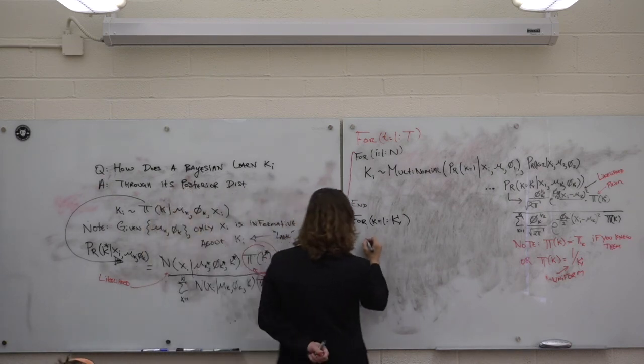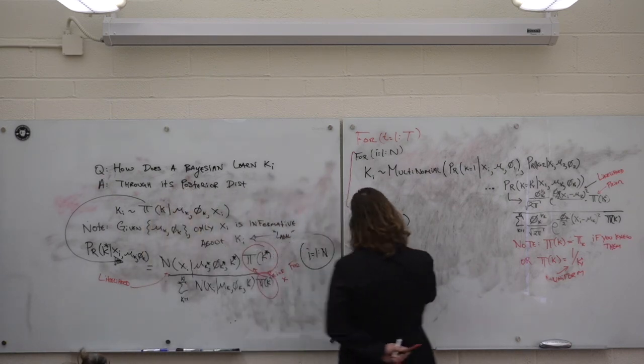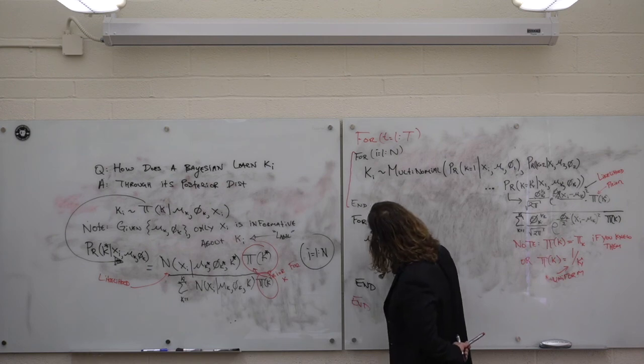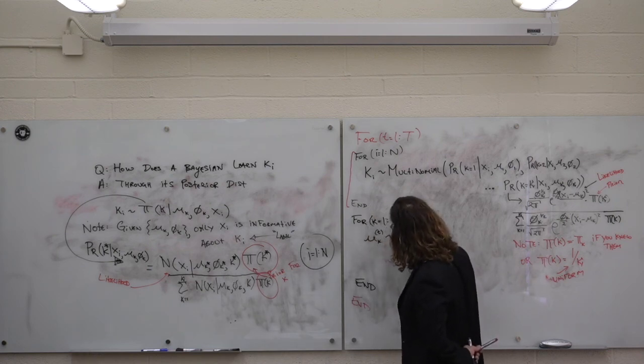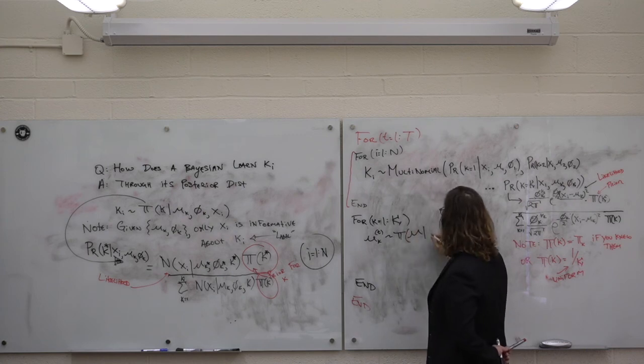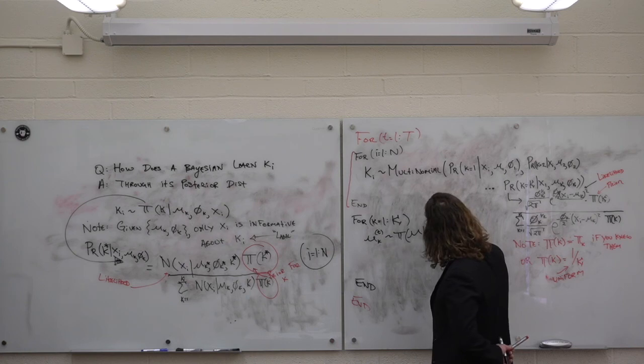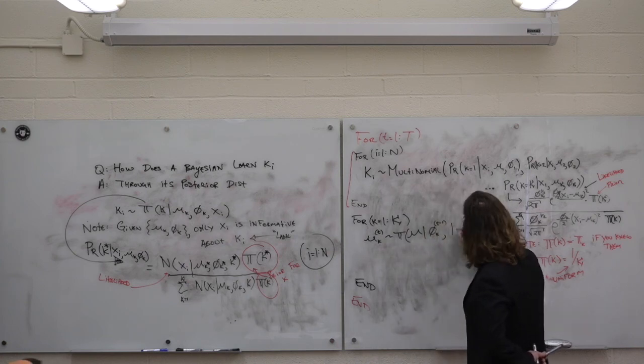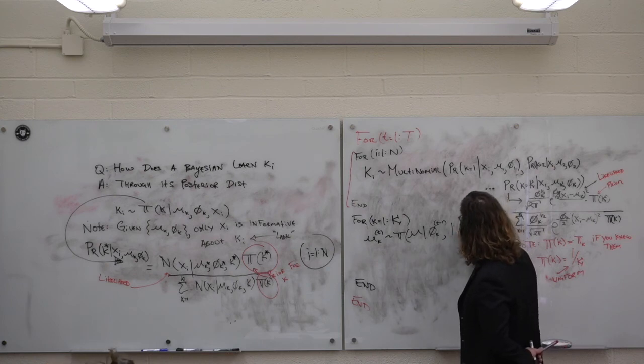So what I would do is sample my mu K's. At the tth iteration, I would take this from its posterior distribution. So this is going to be given phi K, t minus 1, and I would condition on my x's for each k.